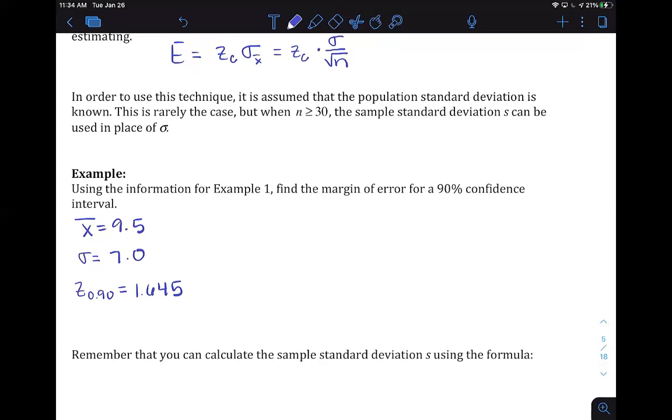So then to calculate E, we're going to plug in what we know. So our critical value, 1.645, times our standard deviation, 7.0, divided by the square root, and our sample size was 32. And then plug that in your calculator.